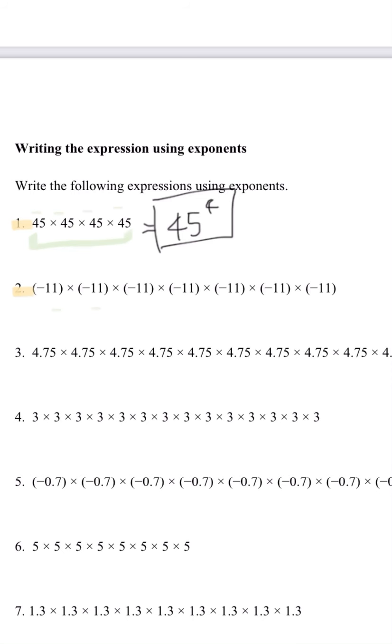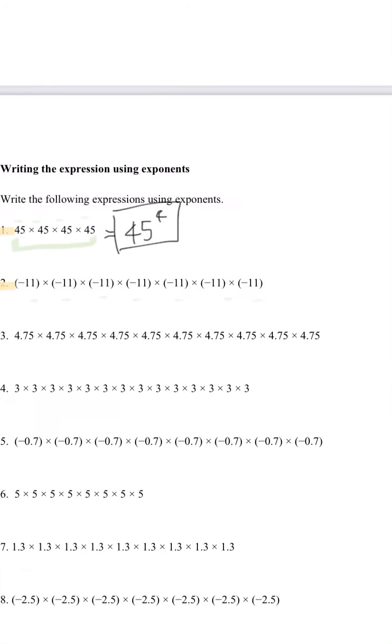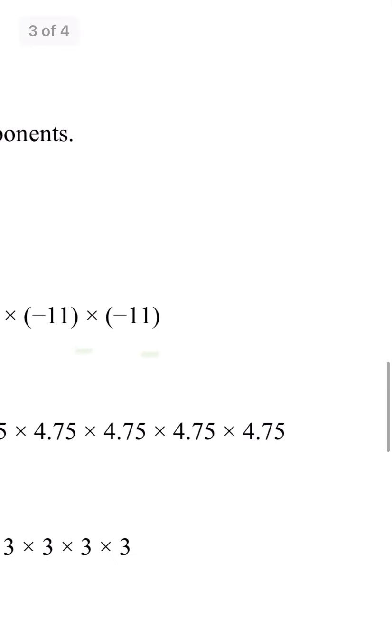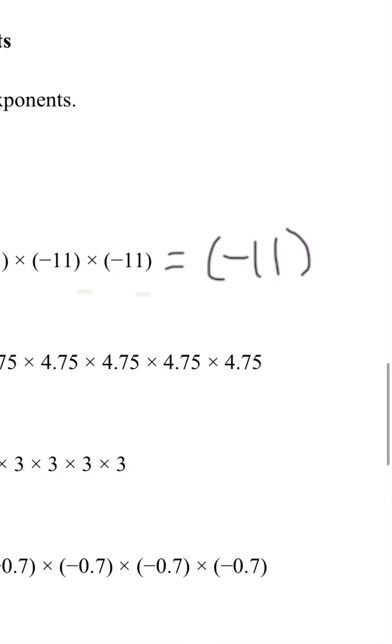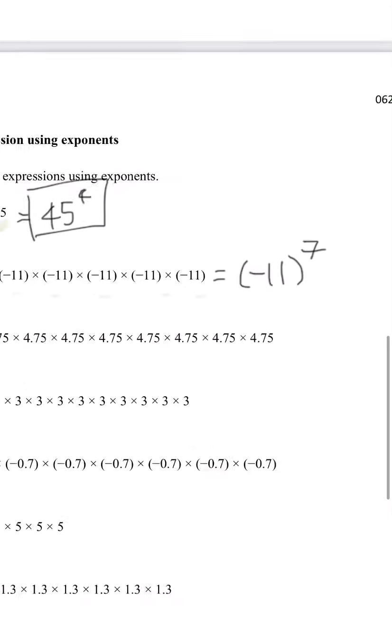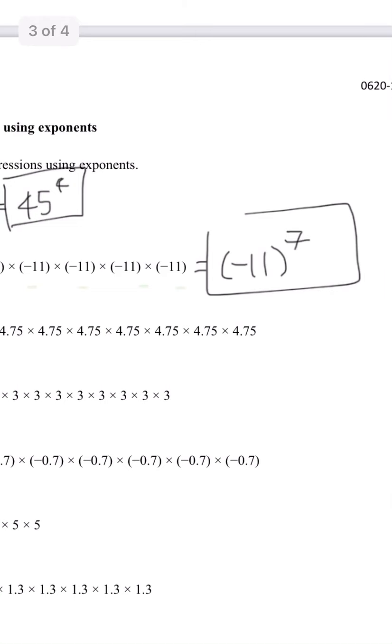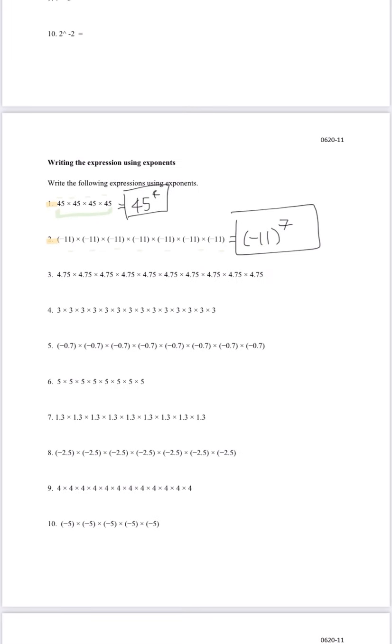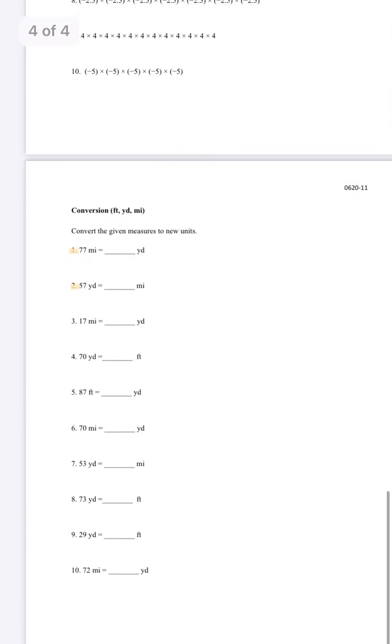We have 1, 2, 3, 4, 5, 6, 7. We have 7 negative 11s in total. So we could express that as negative 11 to the power of 7. Okay, so that's it, very simple and easy. Go ahead and finish this page, and then let's move on to our last page.